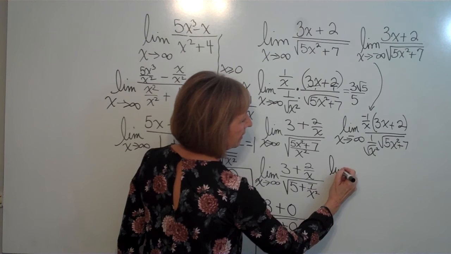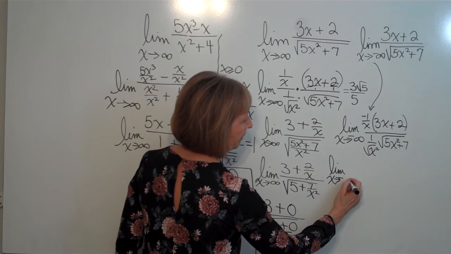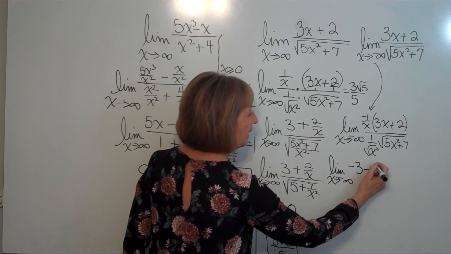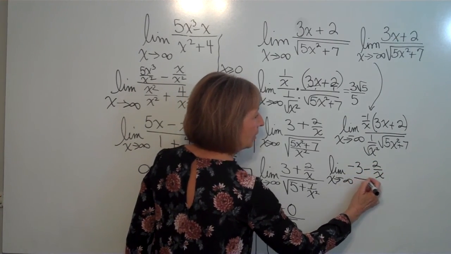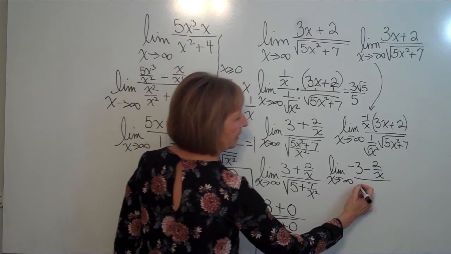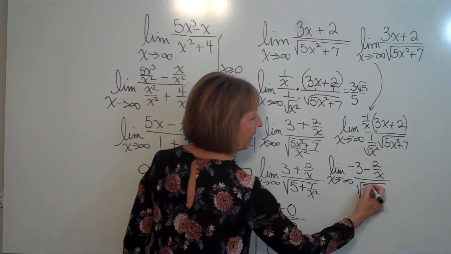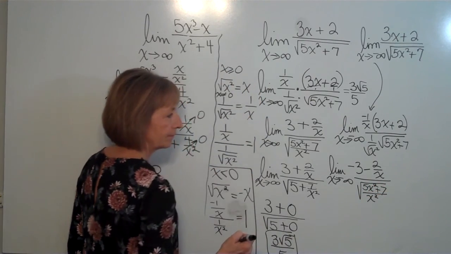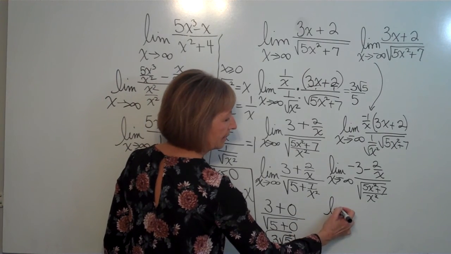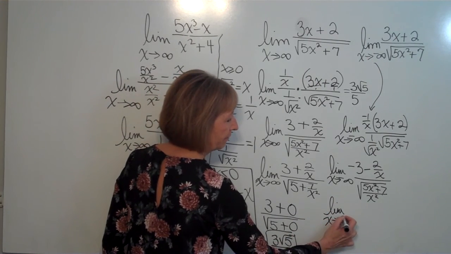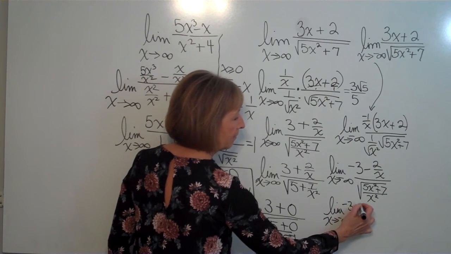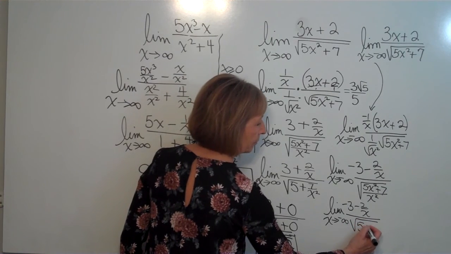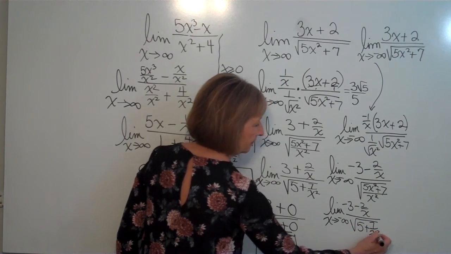I have the limit as x approaches negative infinity of negative 3 minus 2 over x over, and then remember that's going to be the square root of 5x squared plus 7 over x squared. So that gives me the limit as x approaches negative infinity of negative 3 minus 2 over x over the square root of 5 plus 7 over x squared.